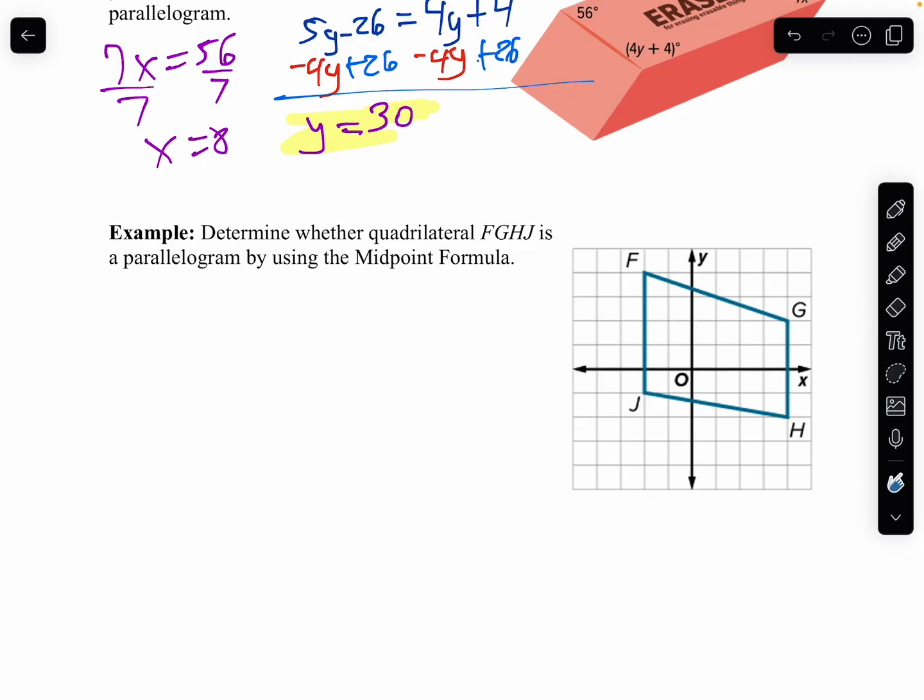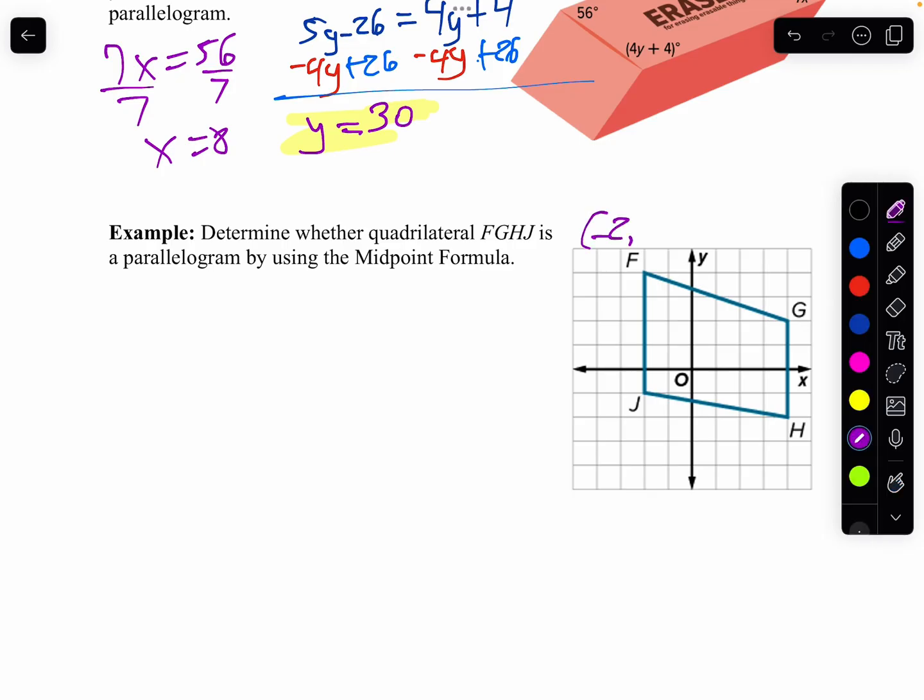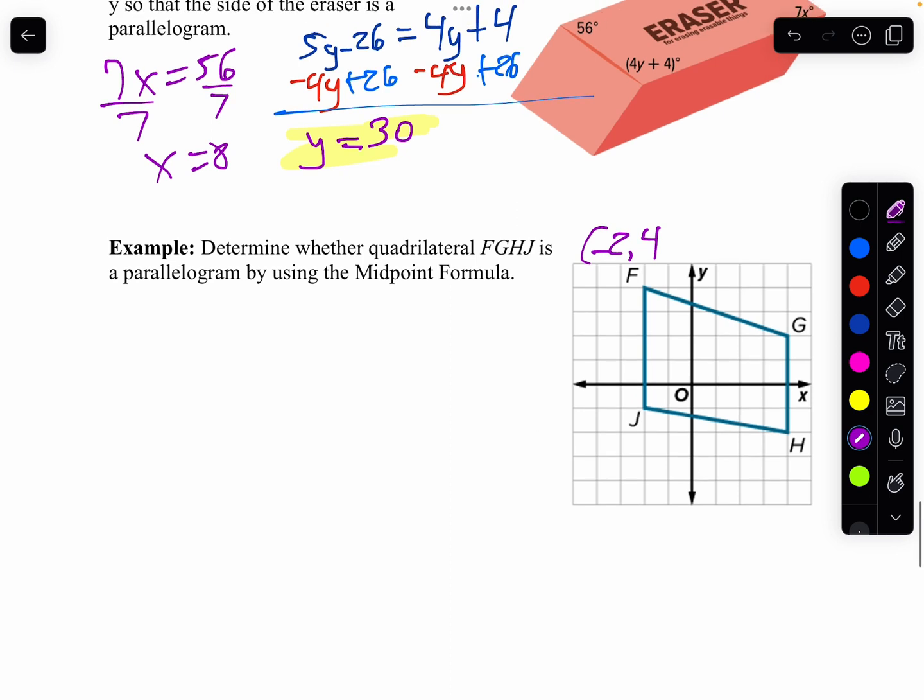So point F is to the left 2 and up 1, 2, 3, 4. So I'm at negative 2 and 4 for F. And then I'll look at point G. And point G is over 1, 2, 3, 4, and up 1, 2.